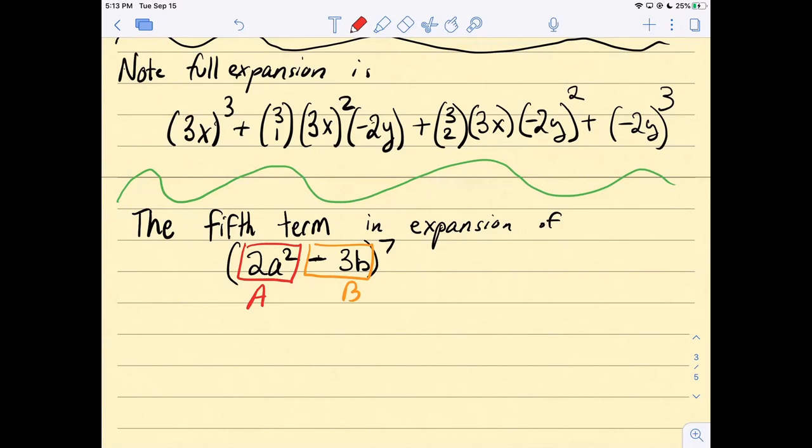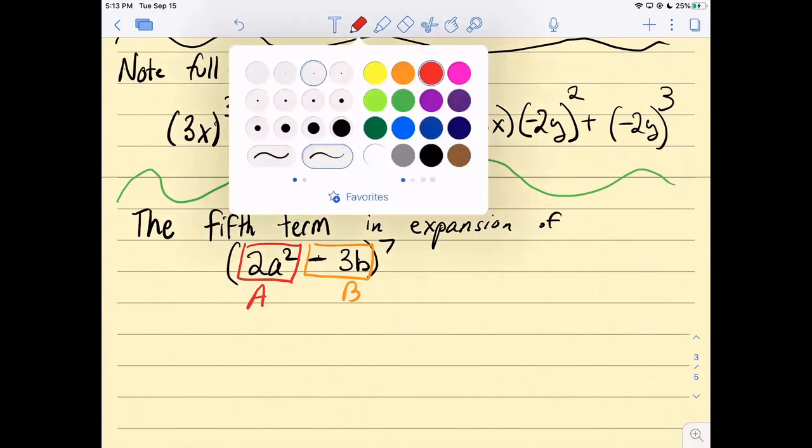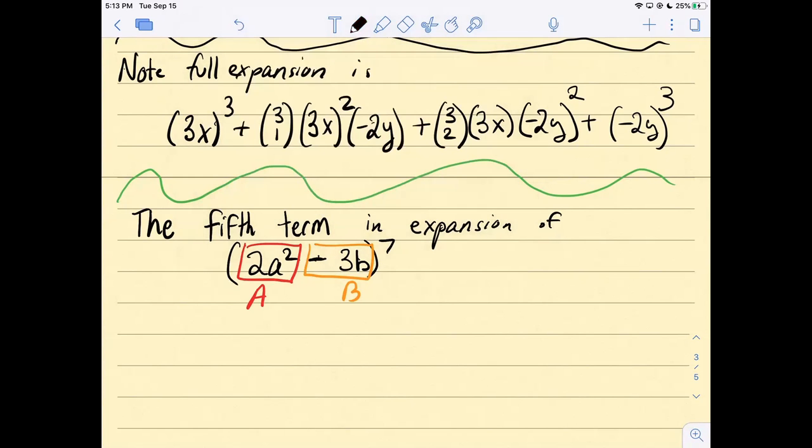Exactly. Nice. So the fifth term, if you're starting with counting down from a to the 7th and b to the 0, the fifth term will have only 4 b's.